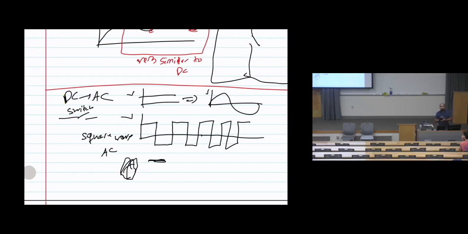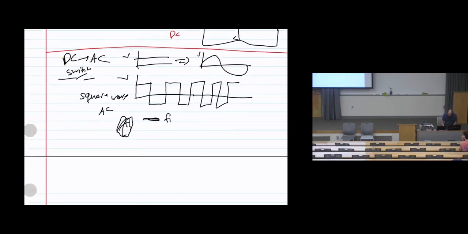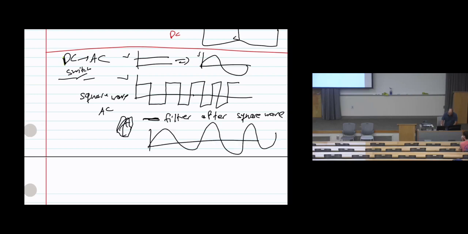So again, by filtering these signals, we can use a filter after the square wave. Then it will be like this, sinusoidal, that we know. Then we have achieved our target, which is converting DC to AC.